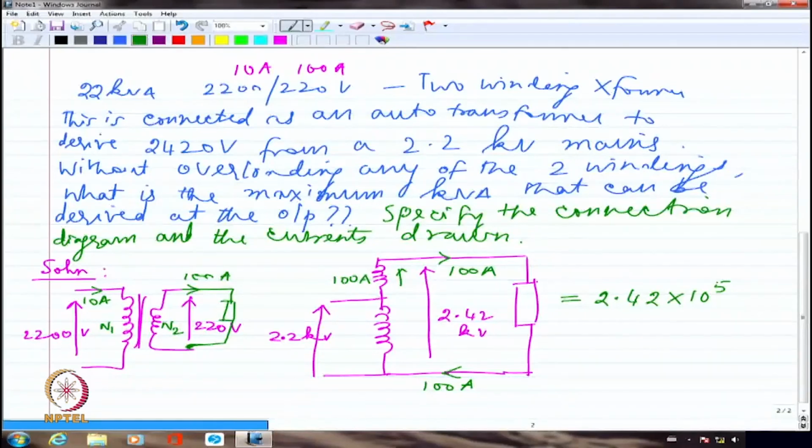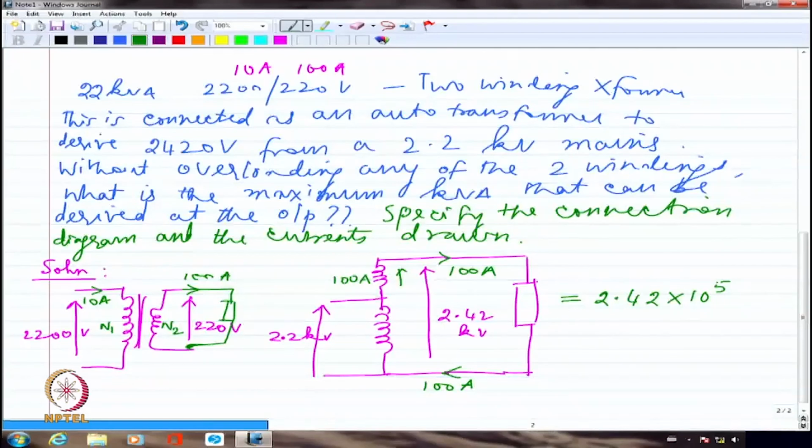This is because the turns ratio of the primary to secondary has become 1:10. So the voltage has become way too large on the secondary side because I have summed up the primary and secondary voltages and I am assuming that the load is going to get the entire thing. And after all, I am not overloading the secondary.